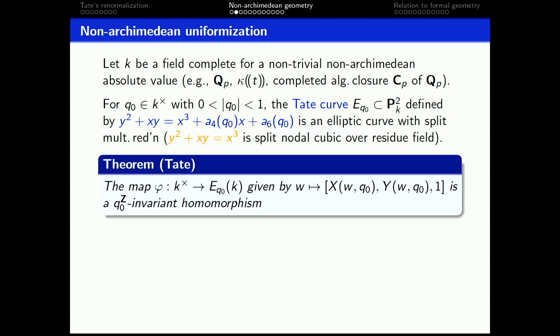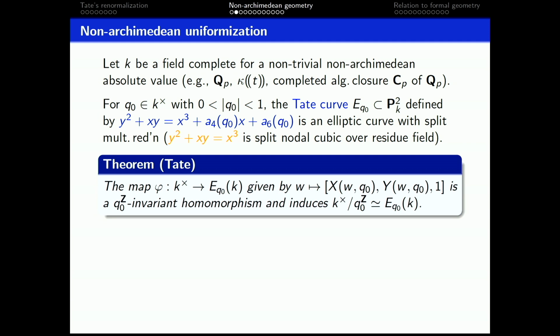And so Tate's theorem was that if you modify the classical Weierstrass recipe using capital X and capital Y, then your parameter w, which replaces the classical complex number z, this recipe actually gives a homomorphism from the multiplicative group of the non-Archimedean field to the rational points of the elliptic curve, and it's invariant under q_0 to the Z. This is exactly an analogy with Tate's complex renormalization as C star mod q to the Z in the complex setting that we saw before.